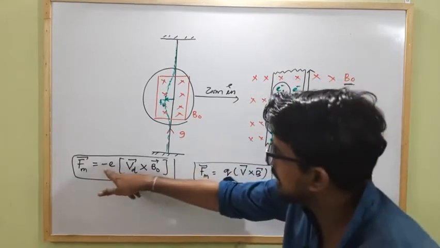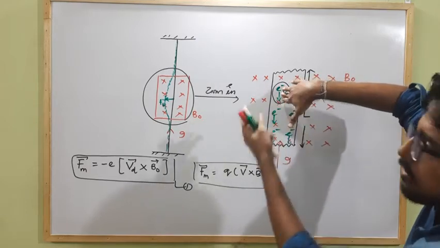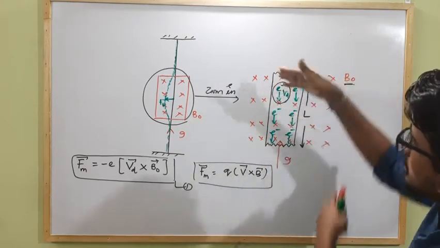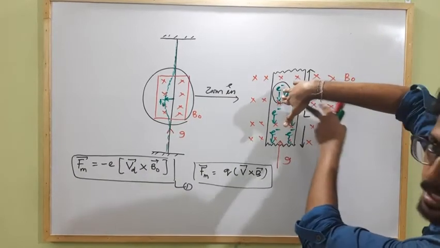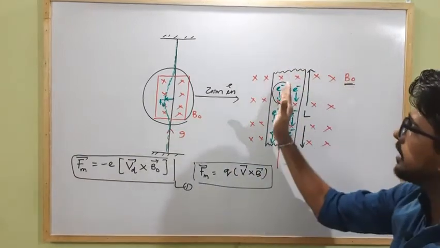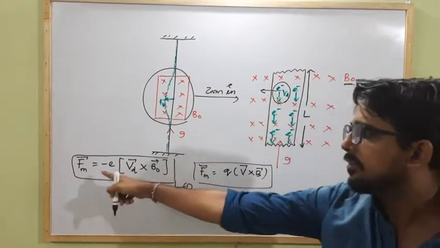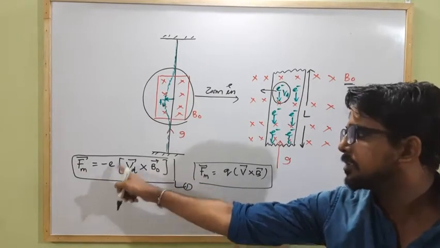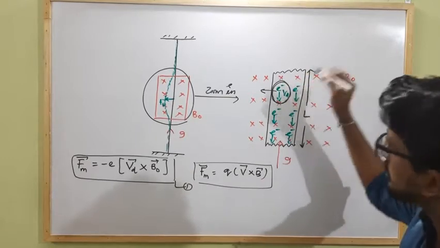As here it is a negative sign, it will experience a force opposite to the palm direction. The direction of the palm shows the force acting on a positive charge, and due to the negative sign it gets reversed, so the force experienced by a single electron is sideways along this, which is defined by Fm equal to minus e into Vd cross B. This is because of one single electron.